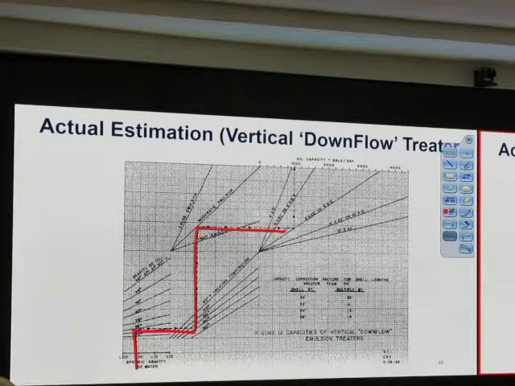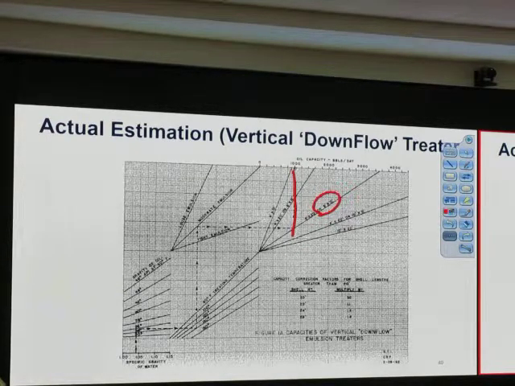If I use this size, maybe I can get it right at 1,000 barrels per day. So if I use 8 by 12, that model will do 1,000 barrels per day. That's just oil or total fluid?